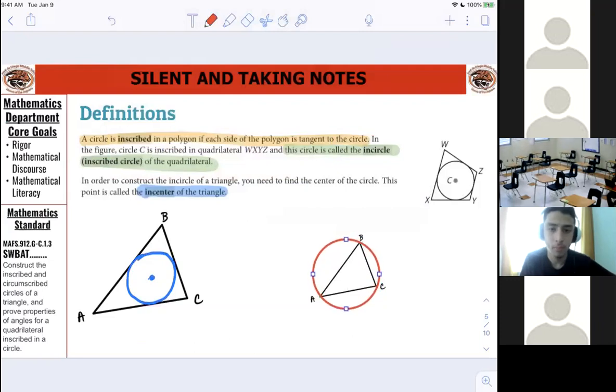Okay, that's pretty good. All right, so I've drawn here these two little diagrams.